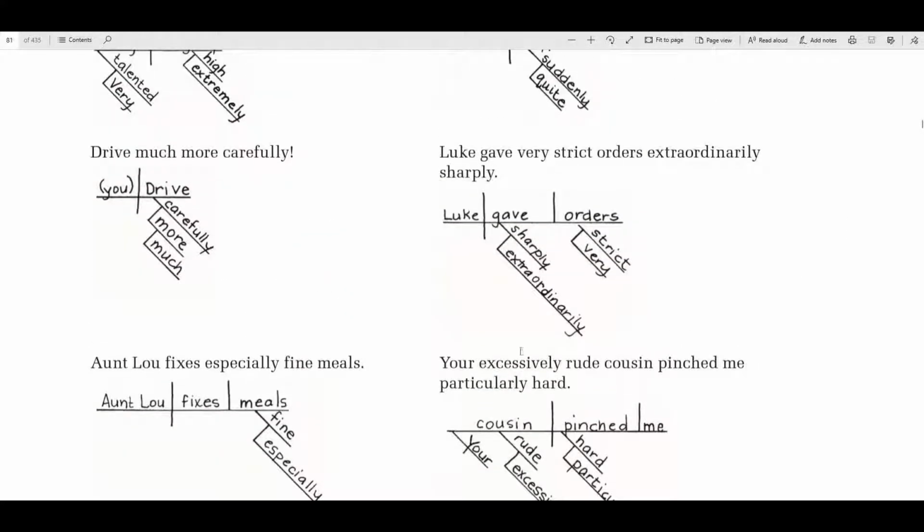Okay, did you remember this here? You understood? Drive much more carefully. This is an imperative sentence, isn't it? Well, it's exclamatory, but it's also imperative because it's giving a command, right? Okay, so that means generally, almost always, when you have a command, then the subject is you understood.